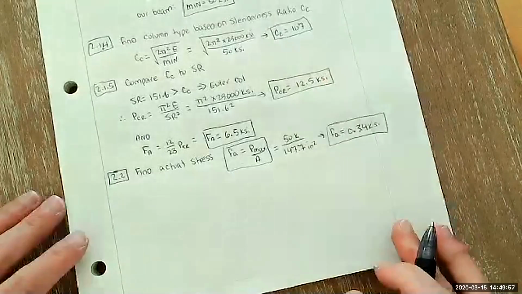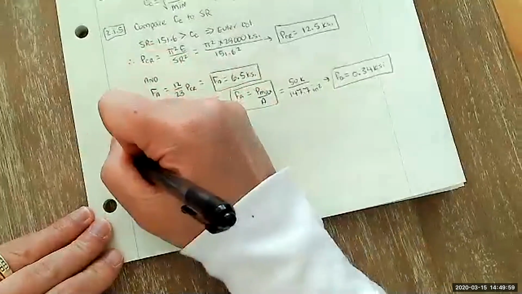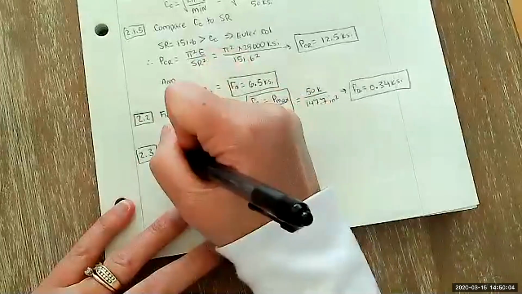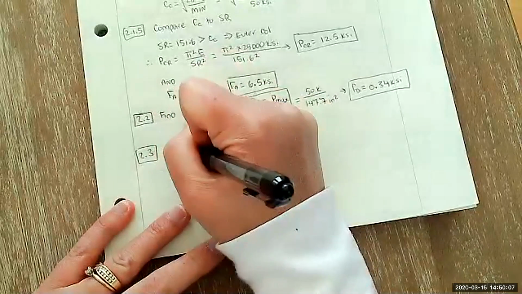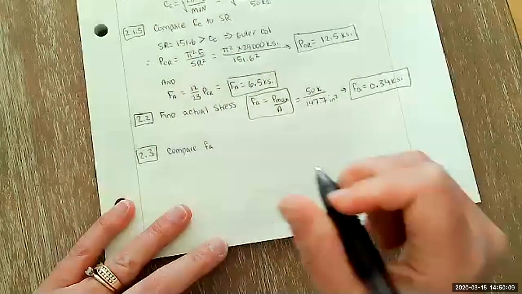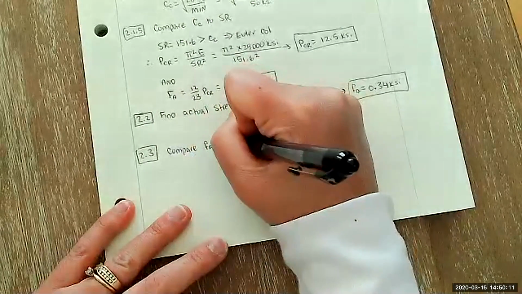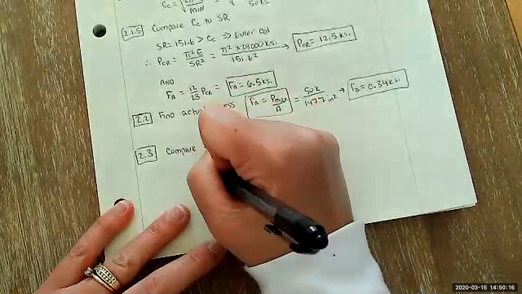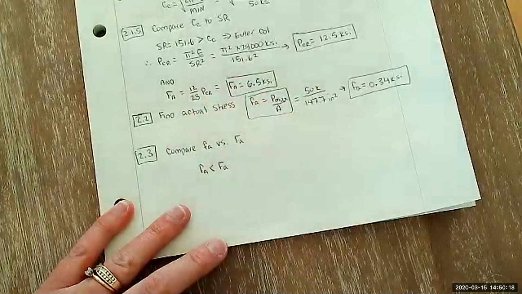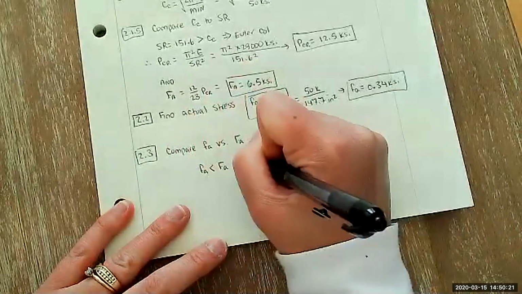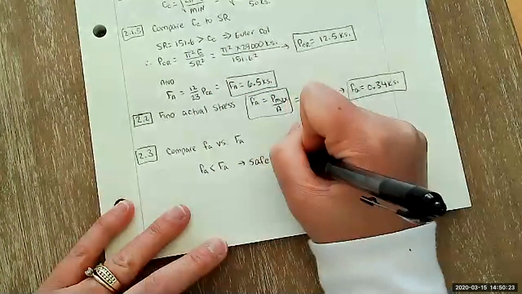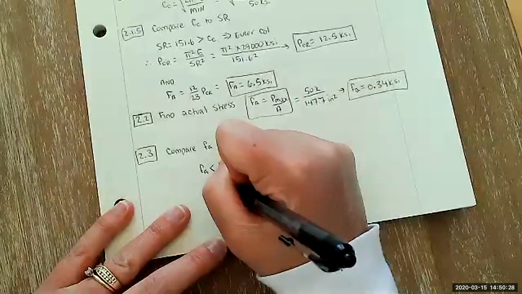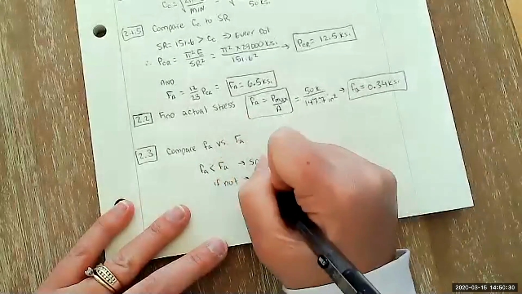And the very last step we have for this check is to compare our actual stress to our allowable stress. So compare our actual little f sub a versus our allowable capital F sub a. If f sub a is less than capital F sub a, we have a safe structure, and so we can continue. If not, we need to redesign.